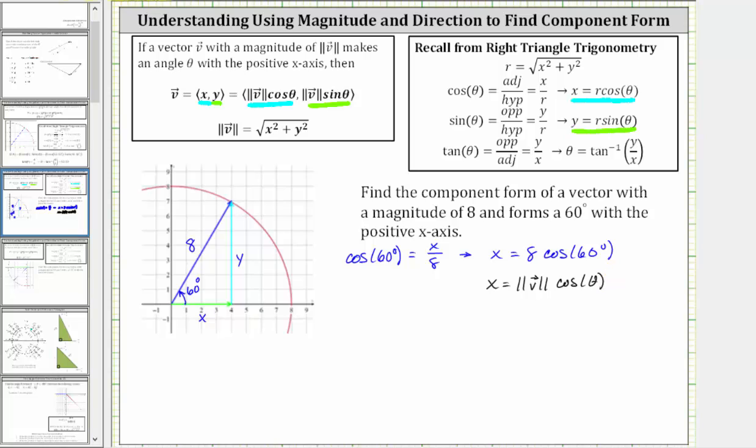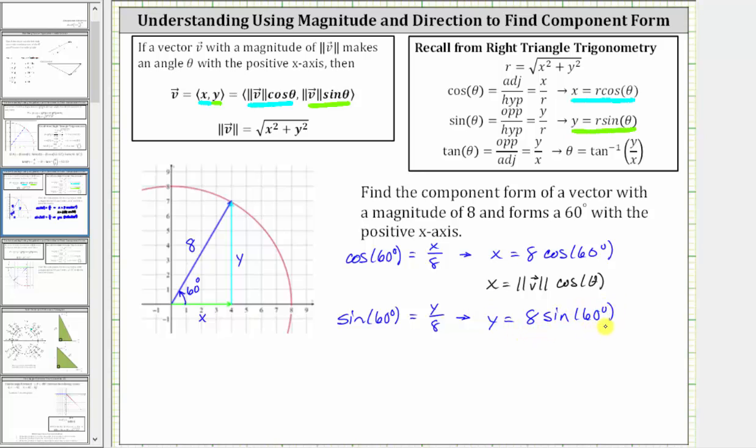Similarly, using the right triangle, notice how sine 60 degrees is equal to y divided by 8. Multiplying both sides by 8 gives us y equals 8 sine 60 degrees.